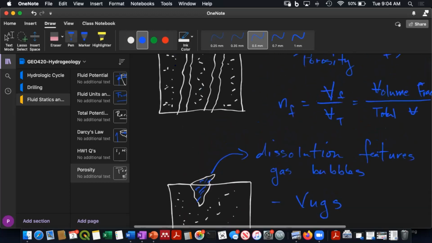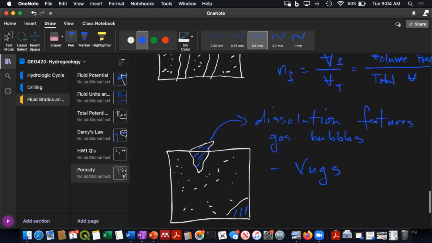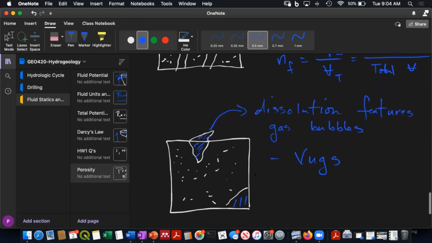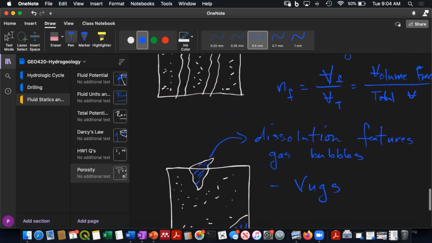Now, in both fracture porosity and, say, in vuggy rocks, you have the fracture porosity, but then the matrix can have intergranular porosity, all right? And we would call that matrix porosity.